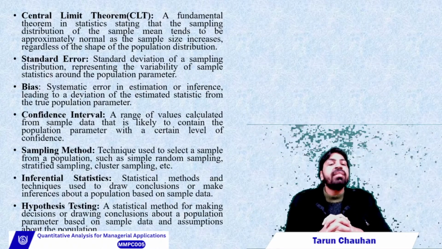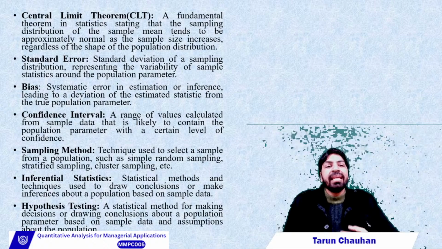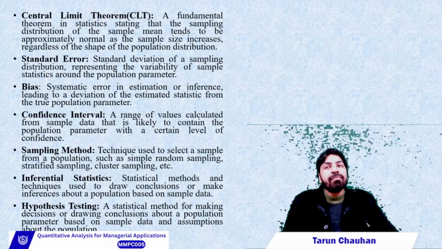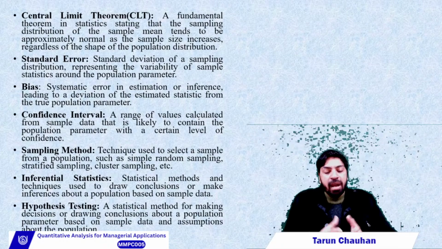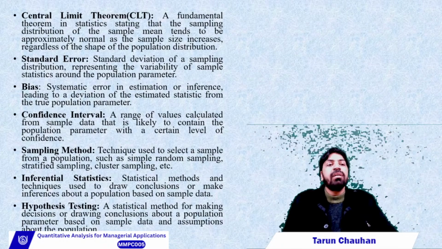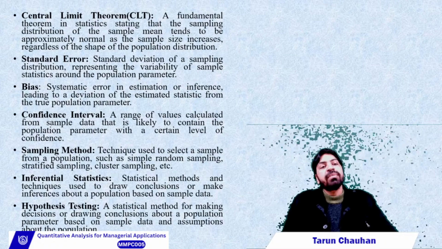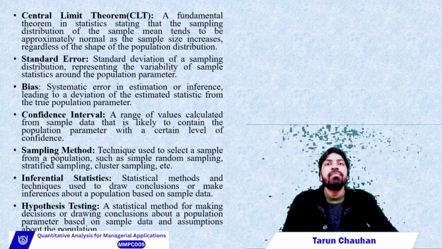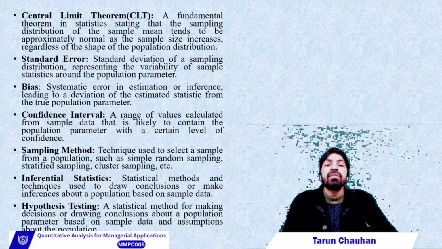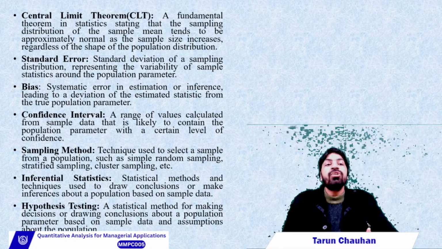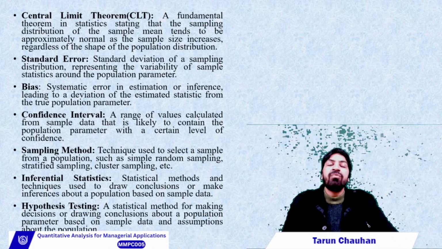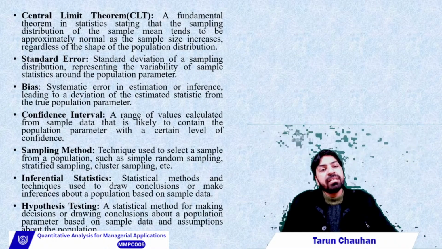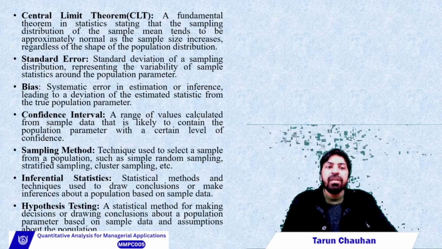Standard error means the error or change of the sample statistic around the population parameter. Bias is an error in estimation, in drawing conclusions, which leads to a change in the estimated statistic.